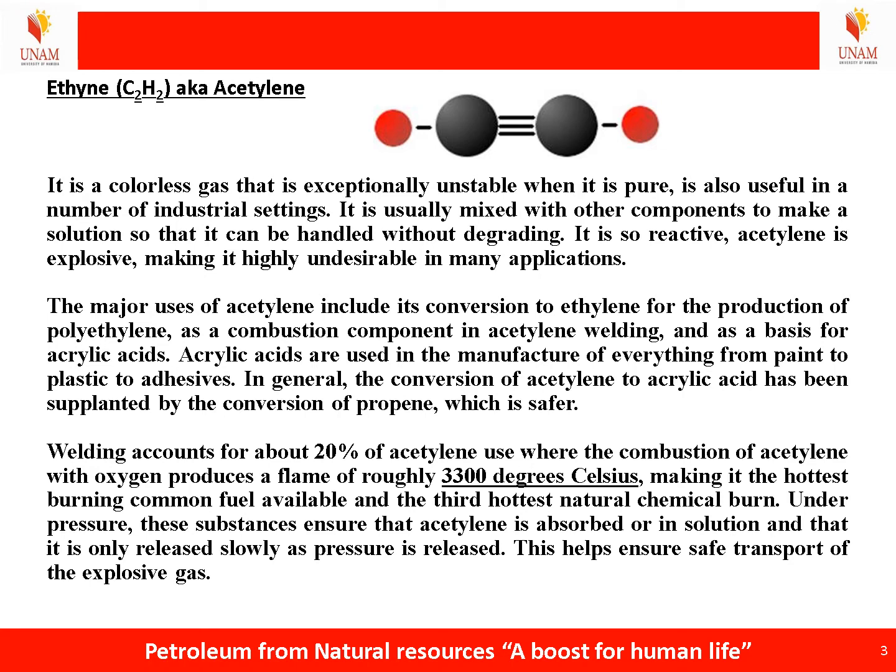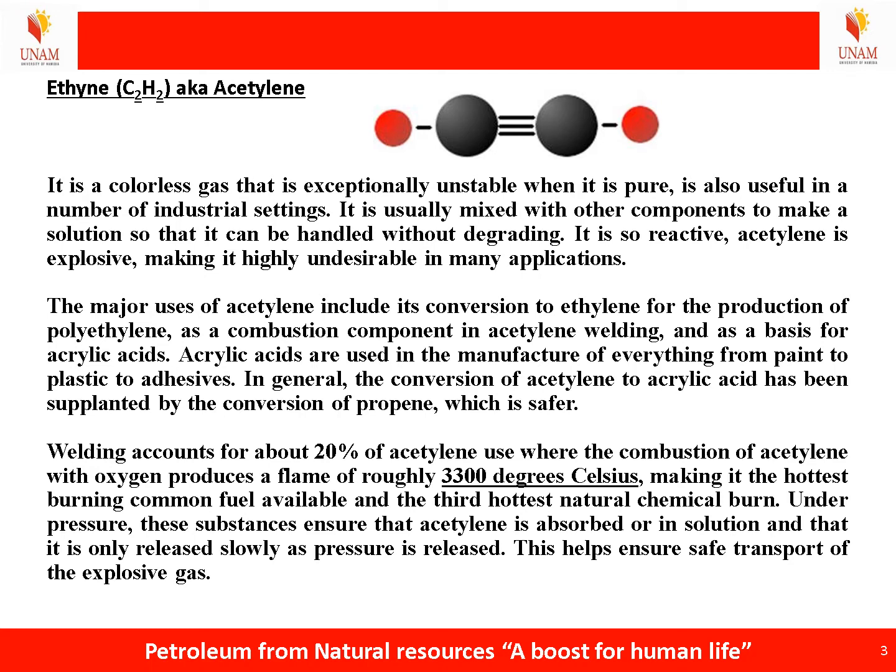So the major uses of acetylene include converting acetylene to ethylene, that is hydrogenation of acetylene. Controlled hydrogenation is done for acetylene to obtain ethylene, and further ethylene, as you have studied previously, is used for the polymerization of ethylene to polyethylene. It is used as a combustion component in acetylene welding, and as a basis for acrylic acids.